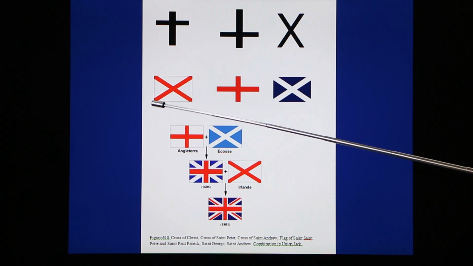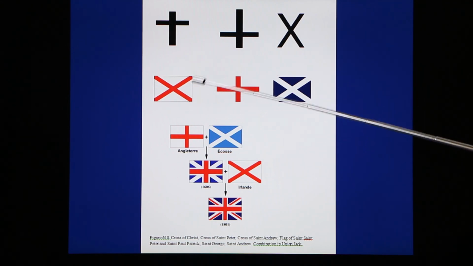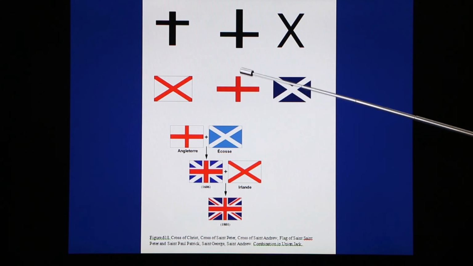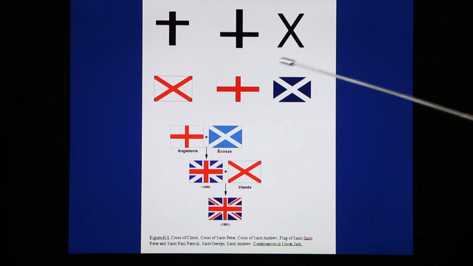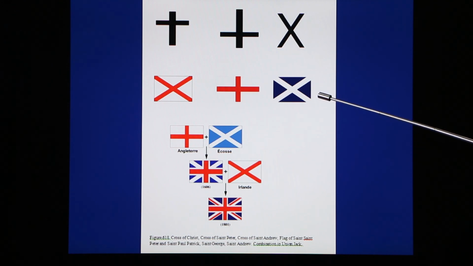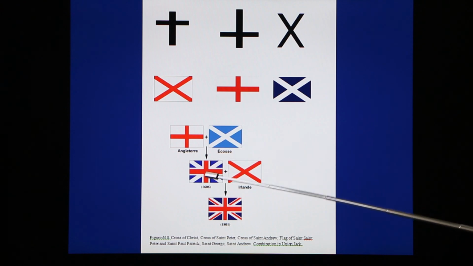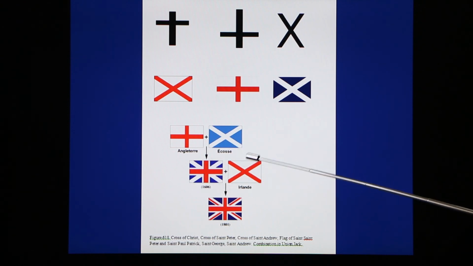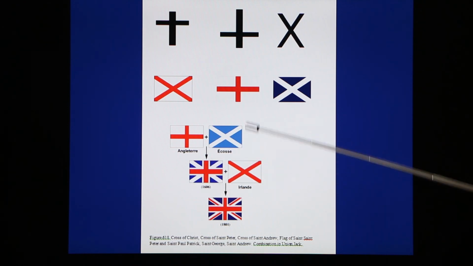I take the St. Andrew's cross and put it this way. I take this cross and put it that way. So this is now the English cross. I now change the colors and it's the Scottish cross. I put those together and then add the red for an Irish cross. And in 1801, I create the British flag.